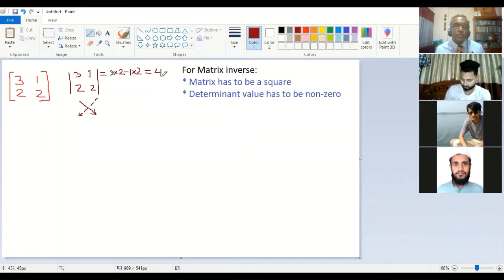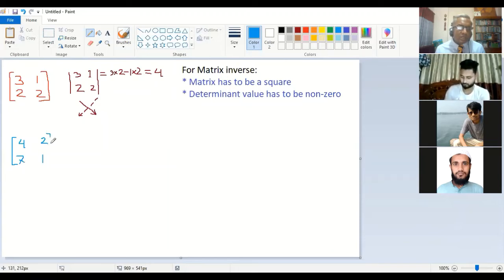Let me show you another example, then you will understand. Like say another matrix, and I'm taking again a small matrix. Say it is 4 and 2 and 7 and 1.